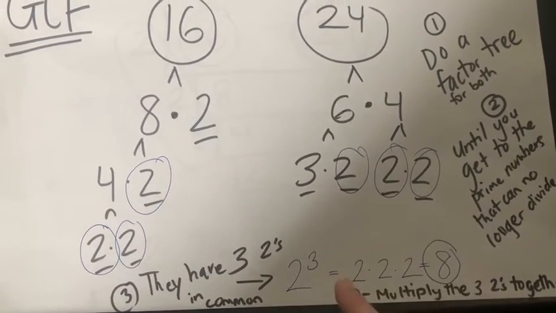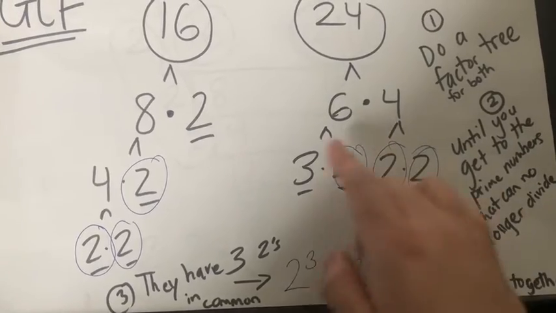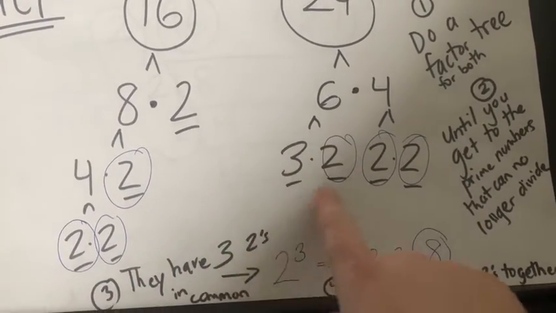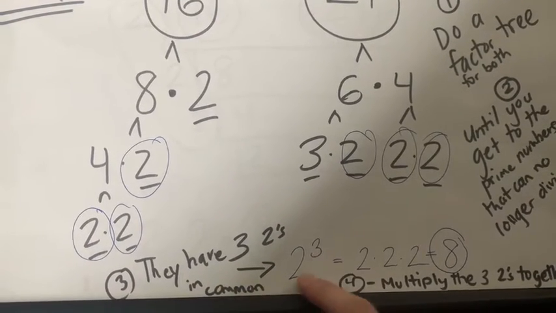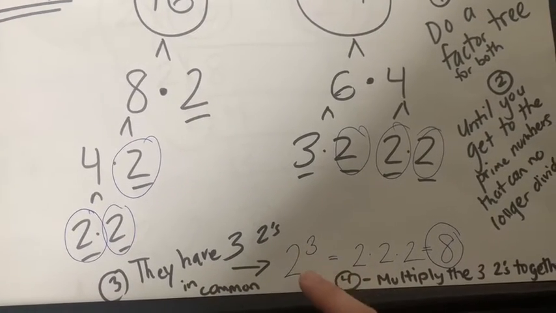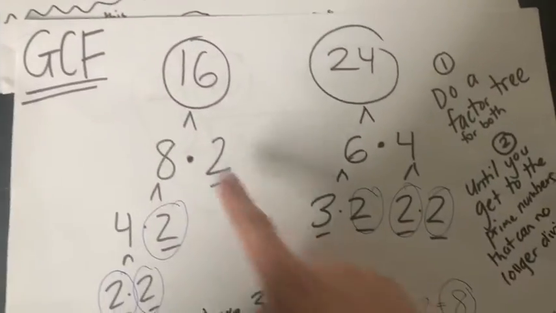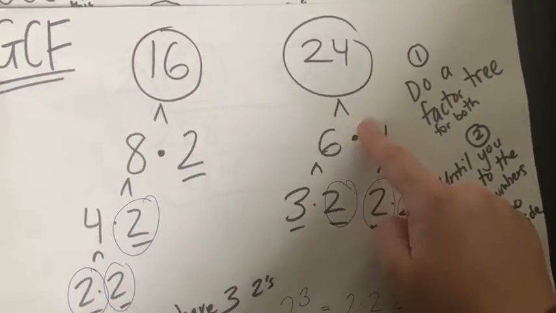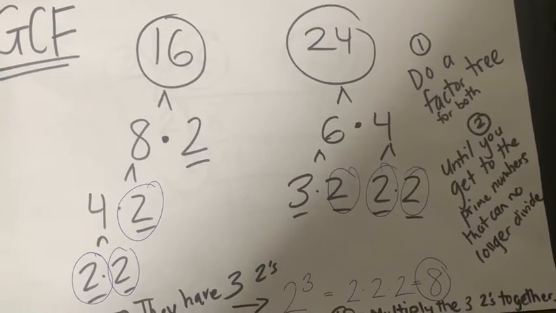Aside from that, that's all they have in common. There's no 3 over here, so I can't multiply the 3 later on. So in this case, it's 3 2s. I can do 2 cubed, or I could multiply 2 times 2 times 2 to obtain 8. The greatest common factor between 16 and 24 is 8, and that is how I obtained the greatest common factor.